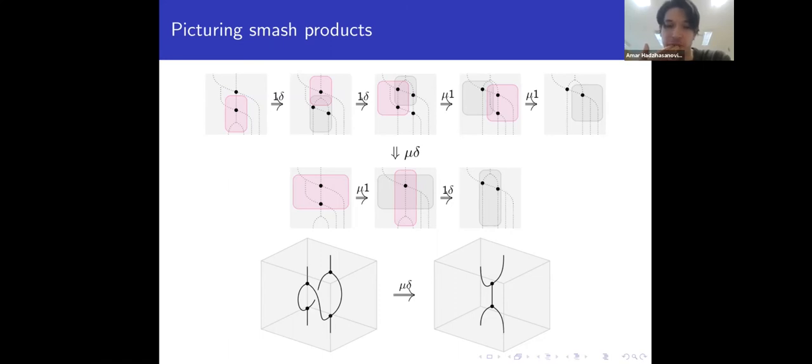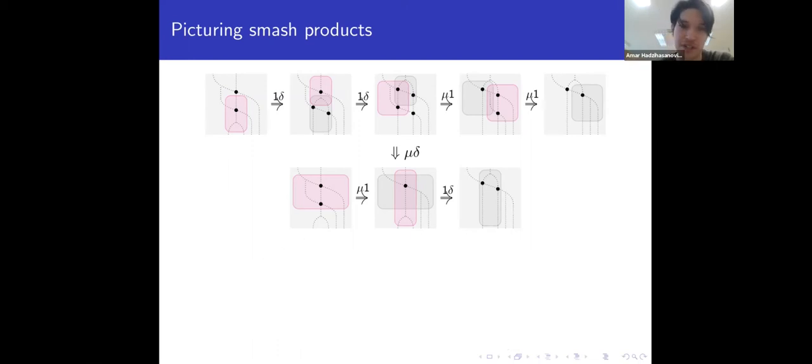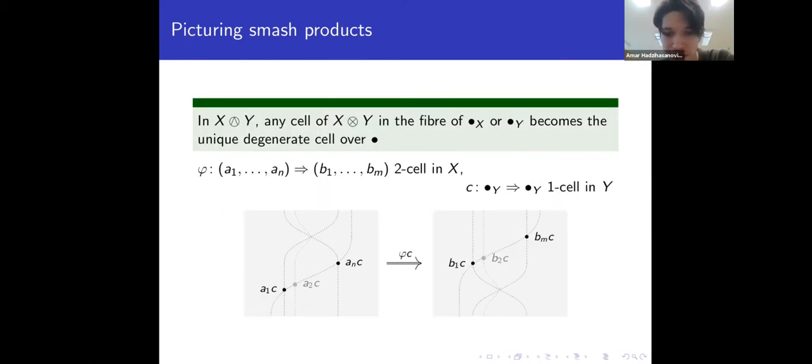But because of this tensor product of chain complexes orientation rule, if I take the smash product with a one cell in the second factor, then for a two cell phi in X, the orientations of the boundaries of phi from X are preserved in the smash product.